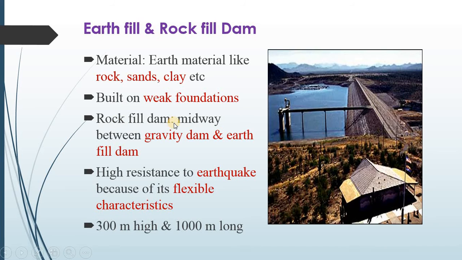In case of rock-fill dam, it is midway between the gravity dam and earth-fill dam. It provides high resistance to earthquake because of its flexible characteristics as it uses rocks, and the height of that rock-fill dam is about 300 meters and it is about 1000 meters long.